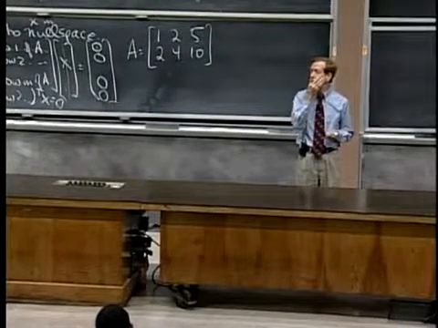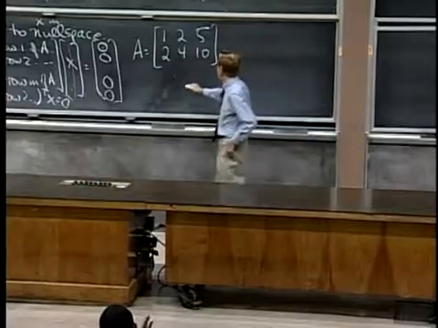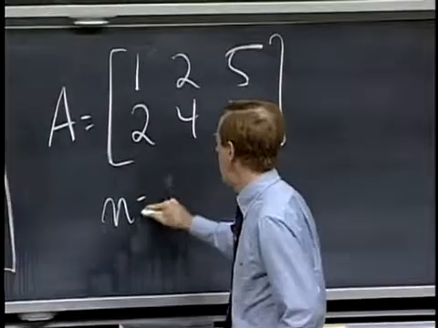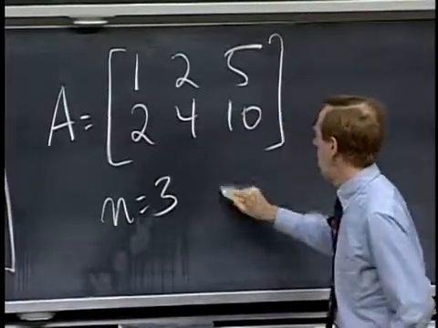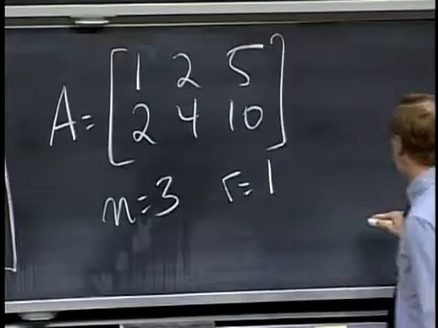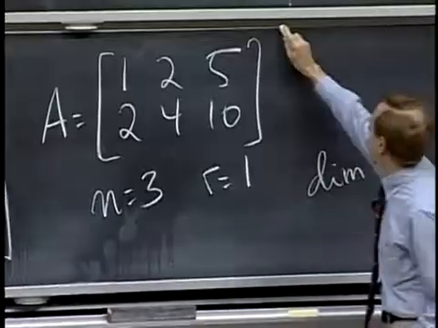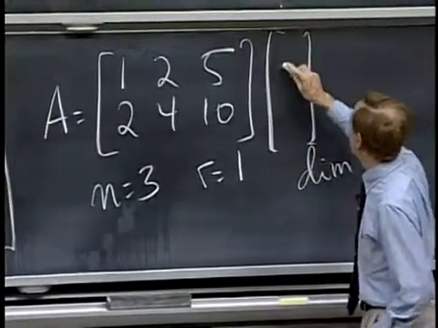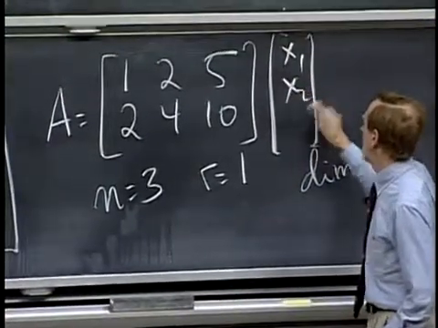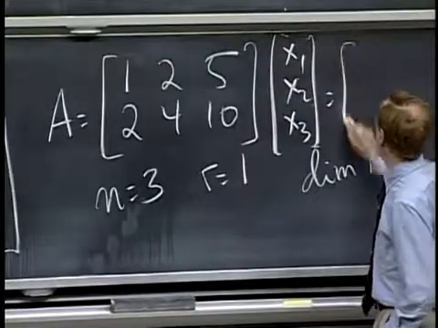What's its dimension? So here n is 3. The rank is 1. So the dimension of the null space, so I'm looking at this x, x1, x2, x3, to give 0.